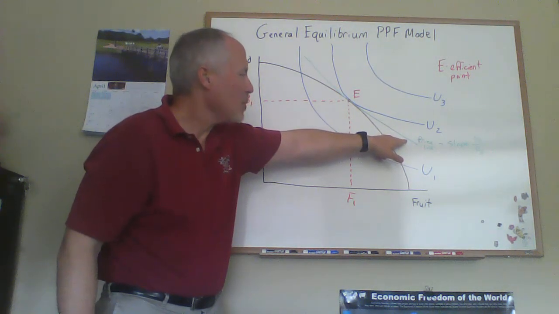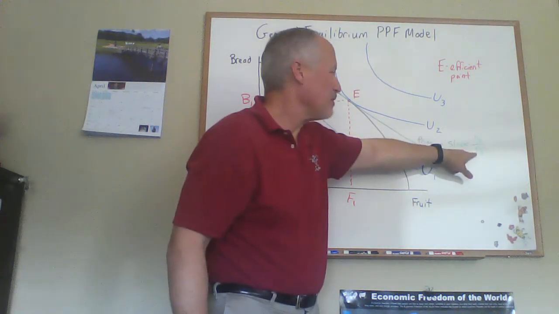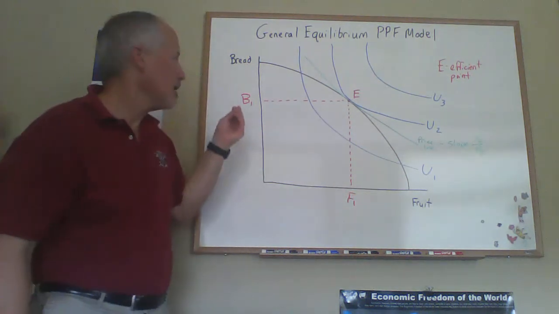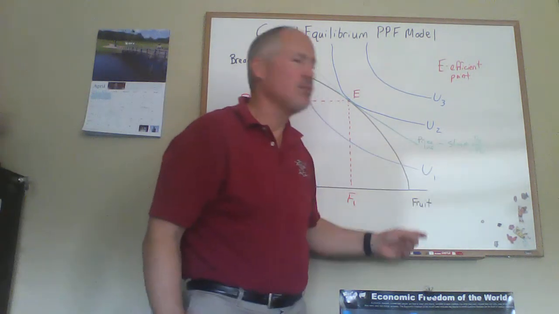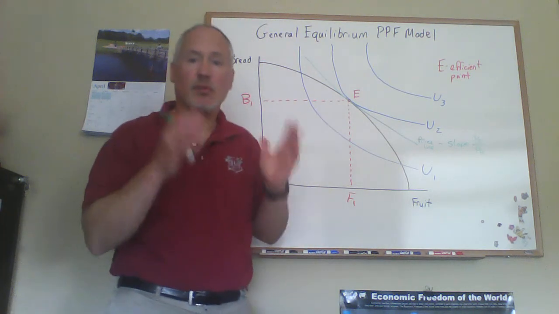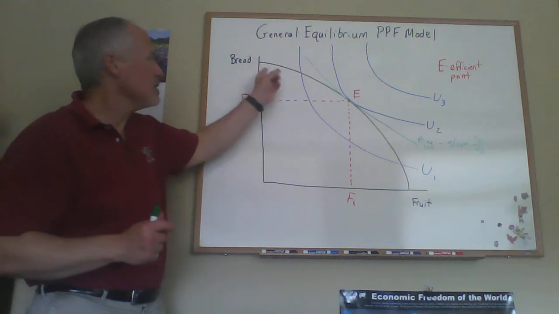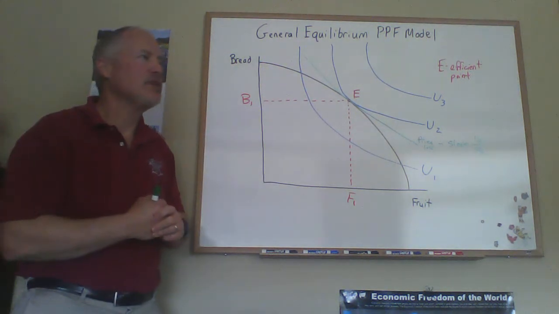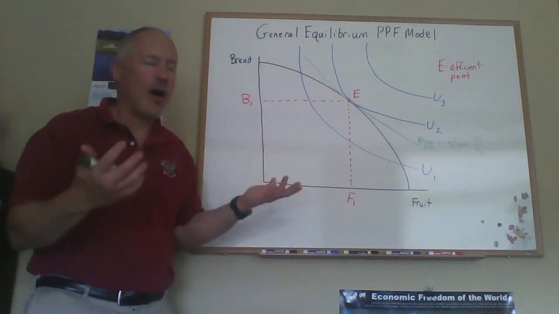So one way to think about it is that if all of the different firms producing fruit and bread in this economy take these prices as given, then what they are trying to do is think of what point along this production possibilities frontier would give them the most valuable output.